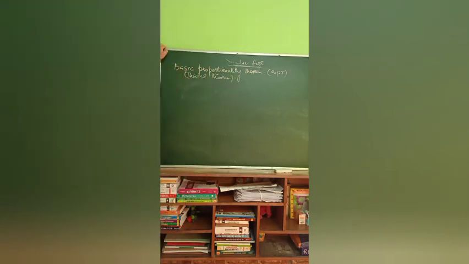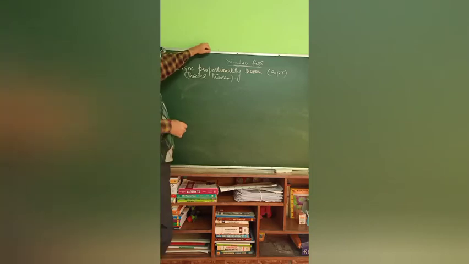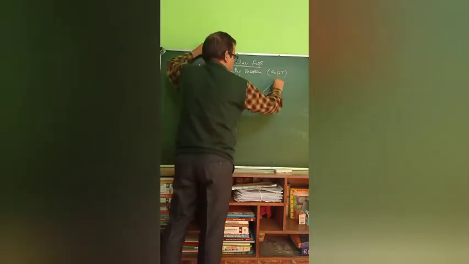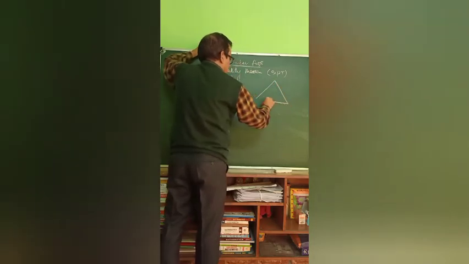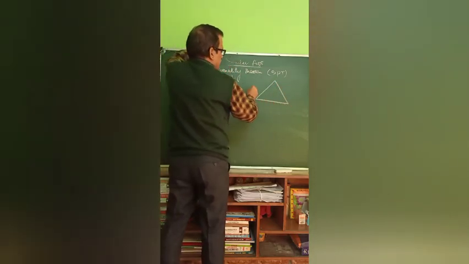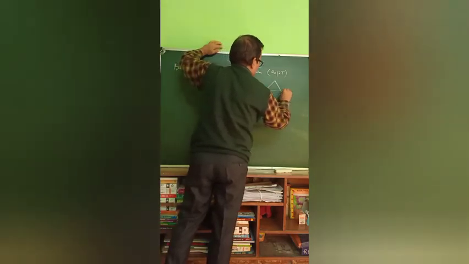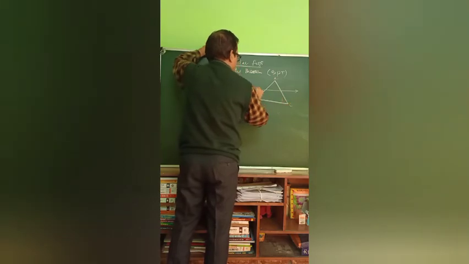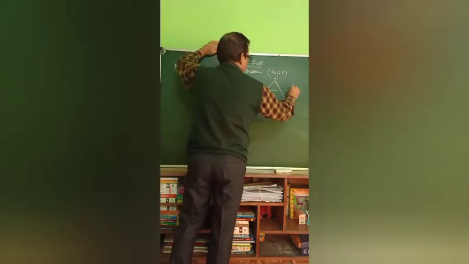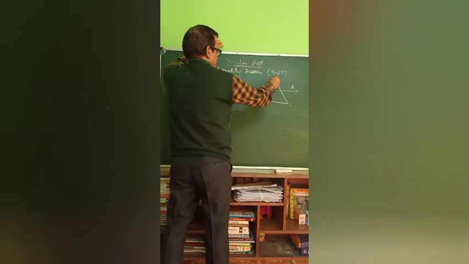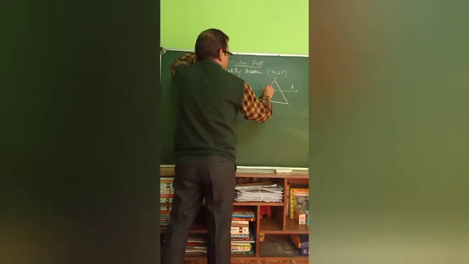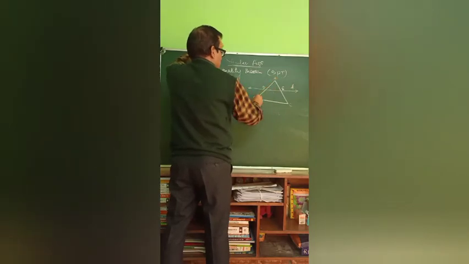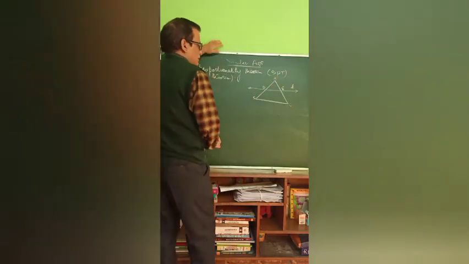What does the basic proportionality theorem say? It says that if we have a triangle, and a line is drawn parallel to any one side of the triangle: ABC is a triangle, line L has been drawn parallel to BC, intersecting AB at D and AC at E. We have to show that AD upon DB is equal to AE upon EC.